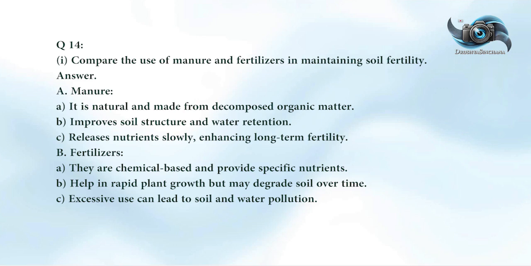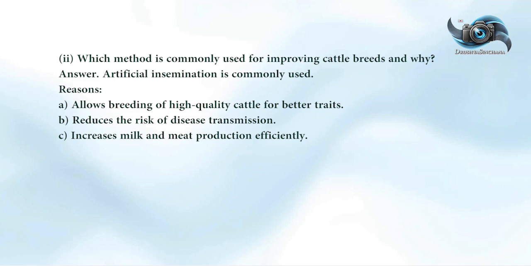C. Releases nutrients slowly, enhancing long-term fertility. B. Fertilizers. A. They are chemical-based and provide specific nutrients. B. Help in rapid plant growth but may degrade soil over time. C. Excessive use can lead to soil and water pollution.